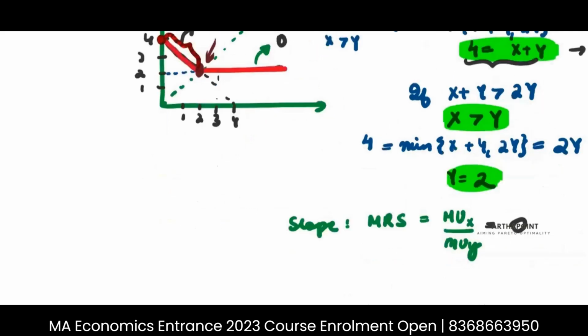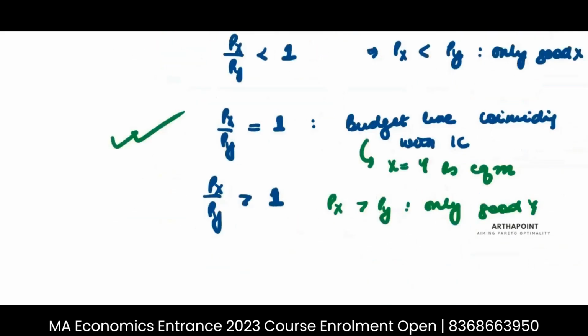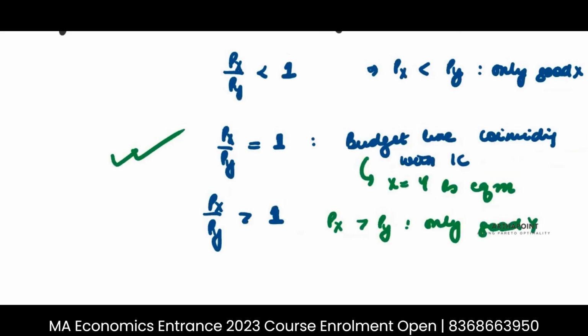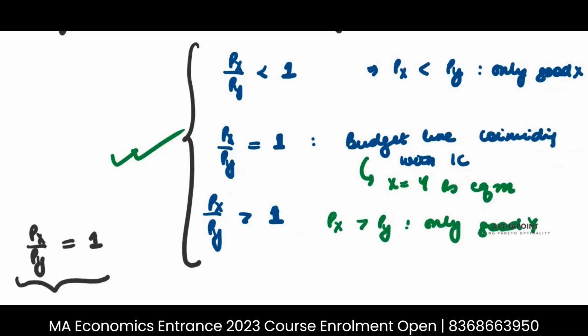So the question is, and you have to think and answer this, should my final answer be that Px by Py is equal to 1? Is this the final answer? Am I correct in saying that the only way I can consume X and Y equally is when the price ratio is equal to 1?